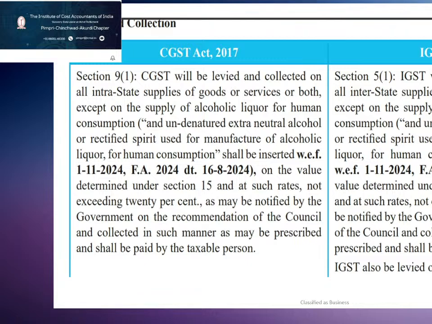Here it is about section 9 subsection 4. This is also reverse charge only, but the difference is that the supplies are made by an unregistered person. If you are buying from any unregistered person, then in that case also you have to pay the GST.